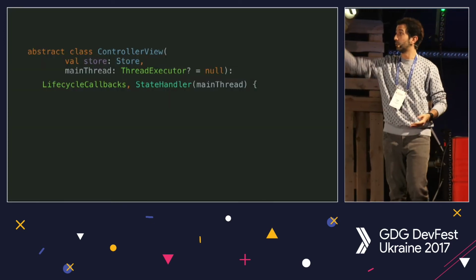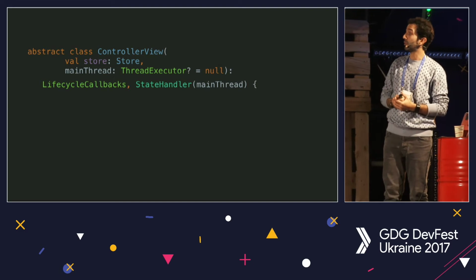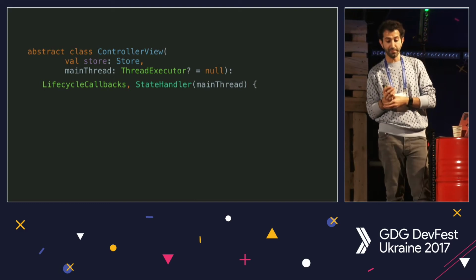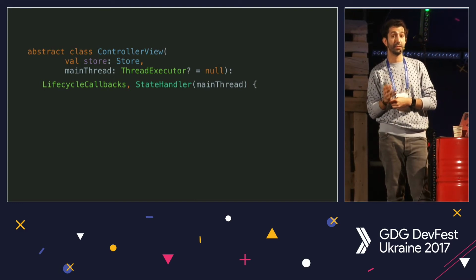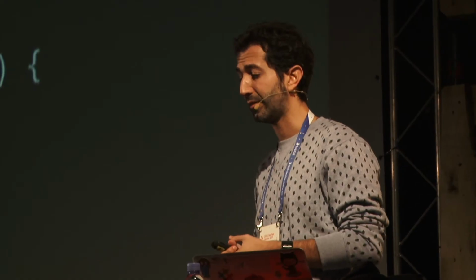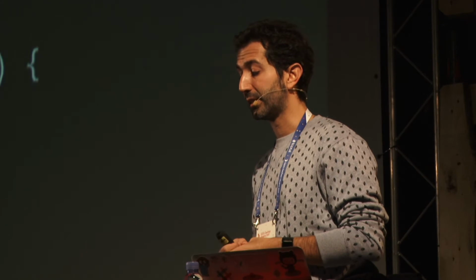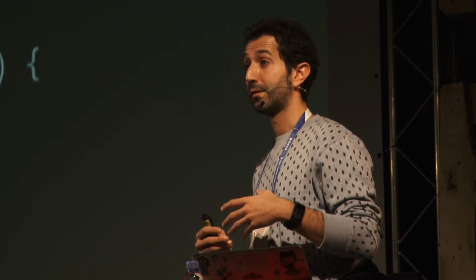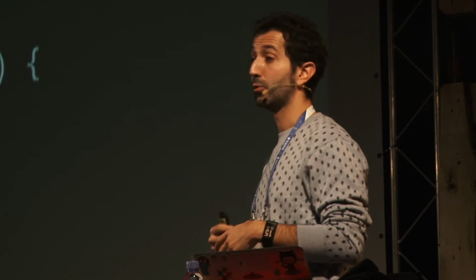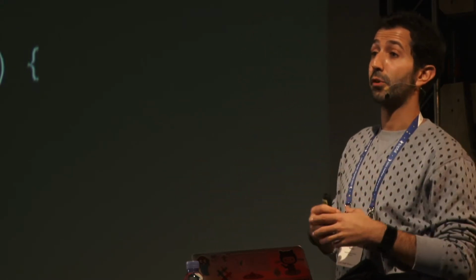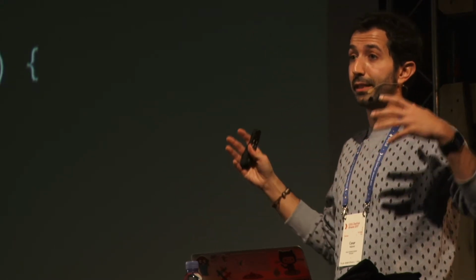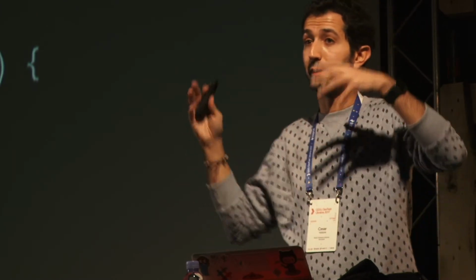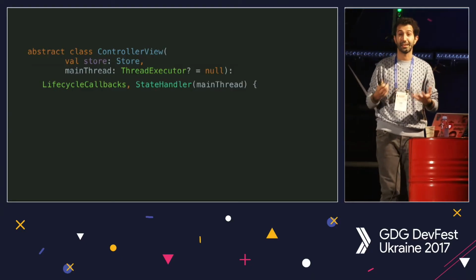So, for instance, for a super simple app, this is how a base ControllerView looks. We are injecting everything manually. As I said before, we are not using any dependency injection framework to make this more complex, and it's just two dependencies. We have the store, and we have a thread. With this thread we say that once we have the information from the state, that is where the ControllerView is going to invoke the view so the view can render itself.